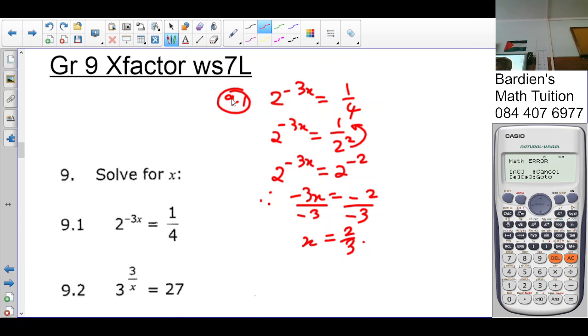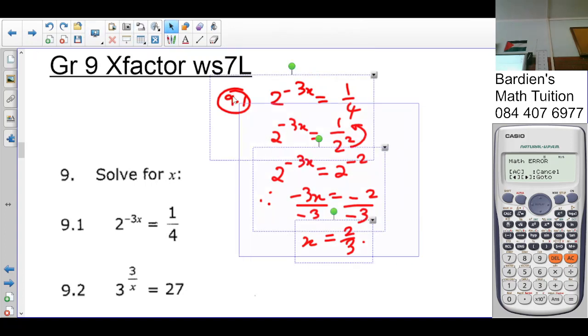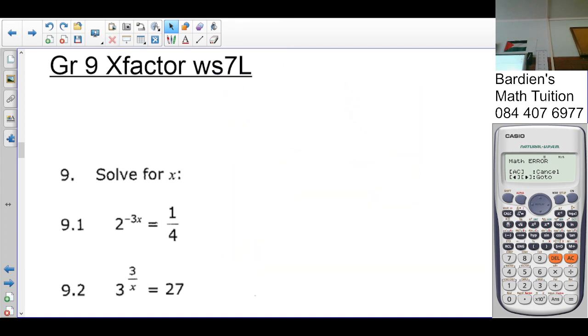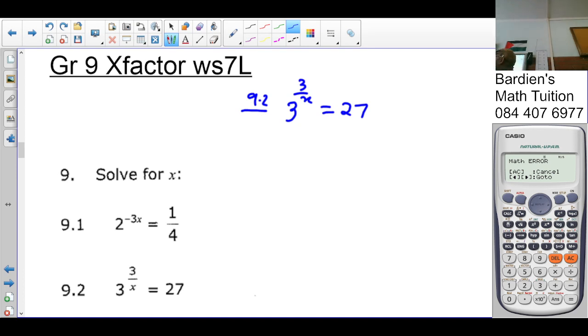Now you're in the race for the next one. The next one, 9.2. You got 3 to the exponent 3 over x equal to 27. 27 can be written as 3 cubed.